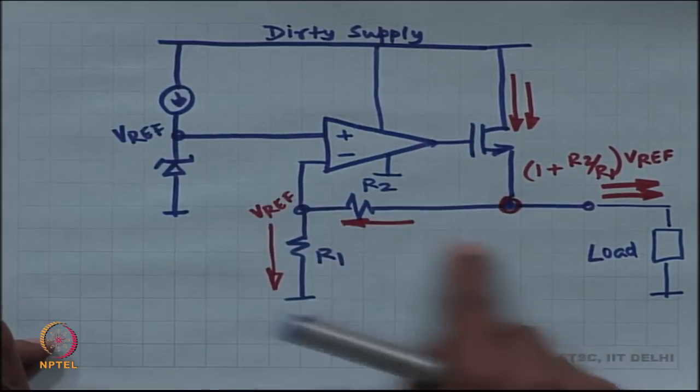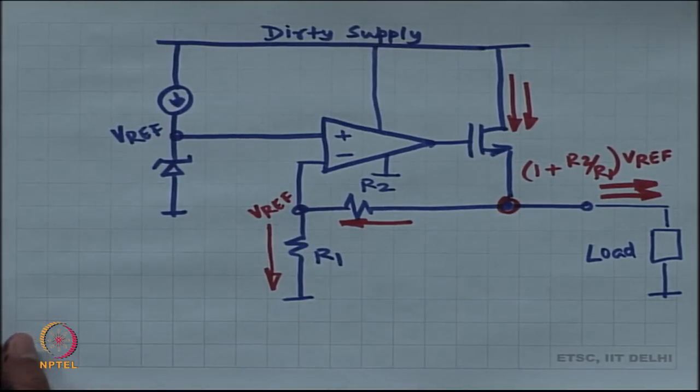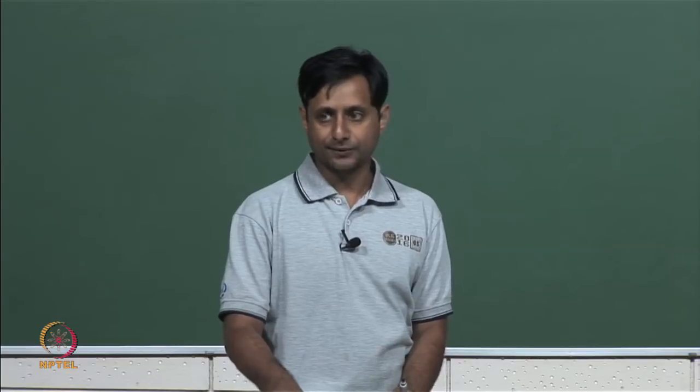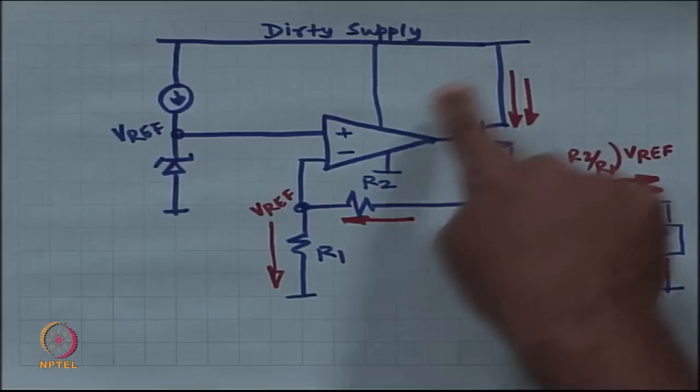If this increases and this decreases, immediately current is going to be pushed. So, this is what the op amp does. The op amp is not in charge of supplying power. This large MOSFET over here is the power MOSFET.